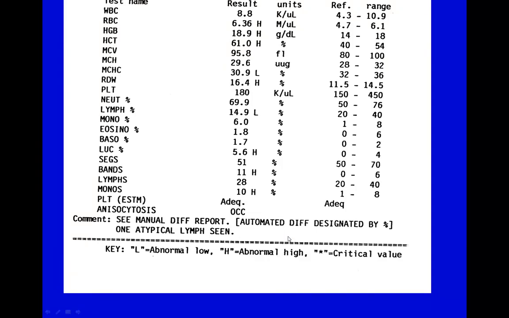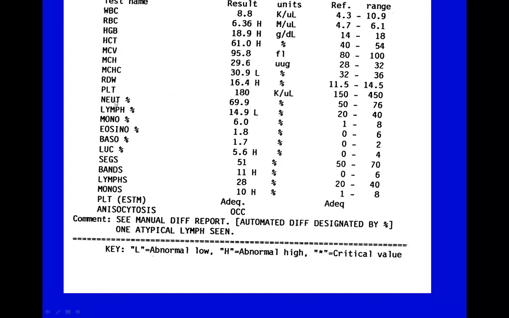It says critical values were called to Dr. Bethina in ER, and then elevated enzyme levels were called to Dr. Knight. So they actually have written on this piece of paper or in the computer system who was notified of those, so that there's an absolute chain of knowledge so that they can say, no, this person knew about those results.